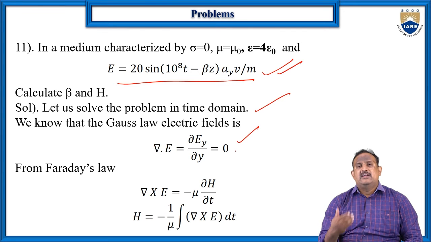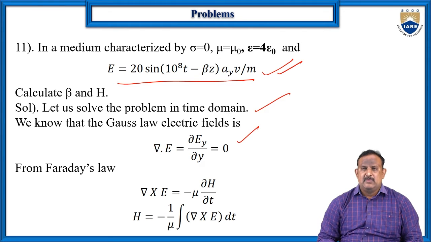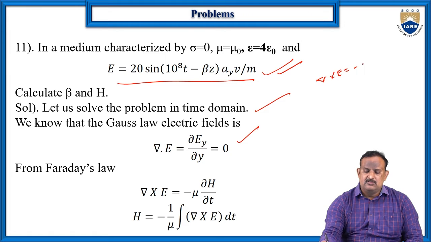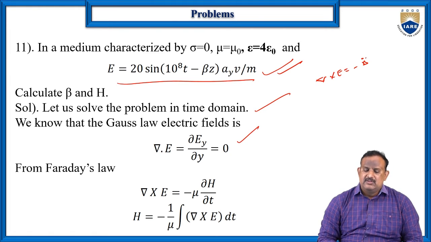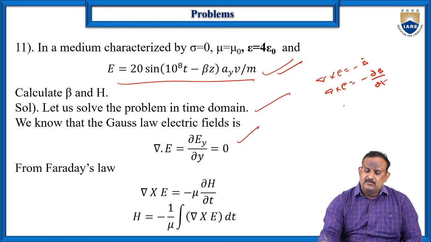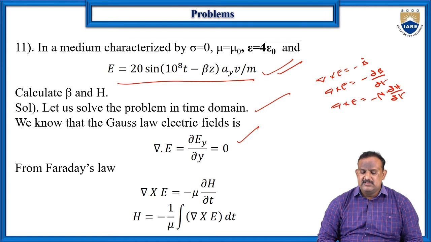Again, from Faraday's law, we can write another Maxwell equation, which is del cross E is equal to minus B dot, where B is equal to mu H. Therefore, del cross E is equal to minus dou B by dou T, or del cross E is equal to minus mu into dou H by dou T.